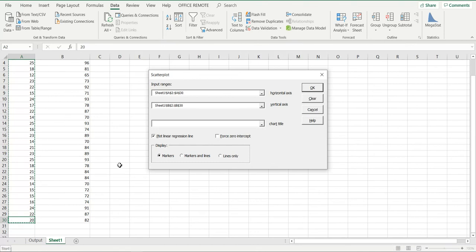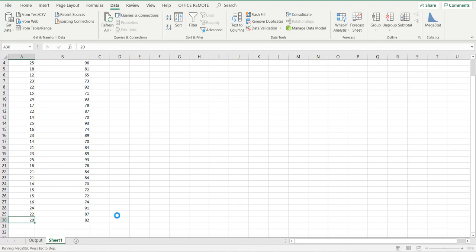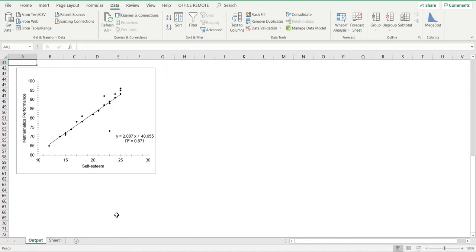As we can see here, we have plotted the linear regression line. Then click OK. Wait for a while to generate the graph. This line is our model that will explain the self-esteem and the mathematics performance relationship.